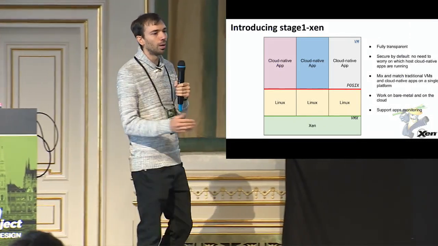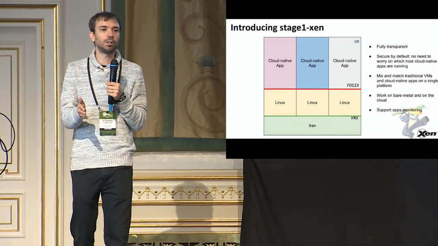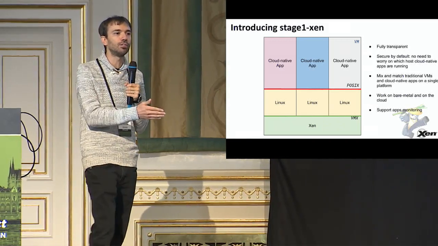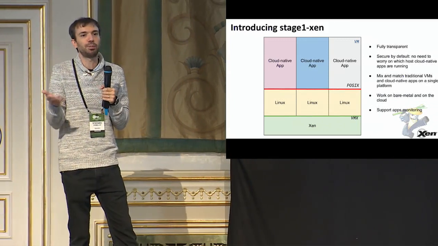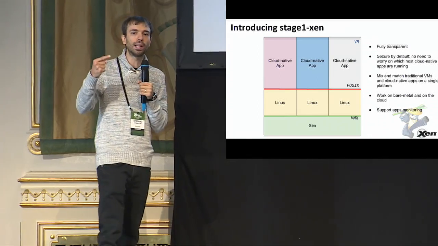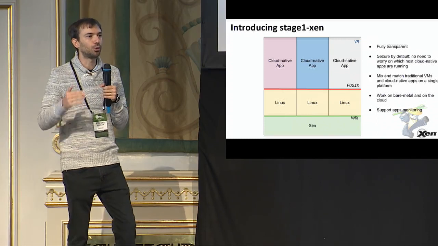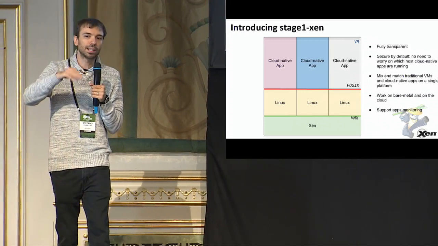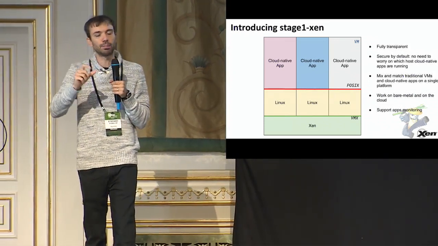It works seamlessly on the cloud or on bare metal, and you can mix and match cloud-native apps with legacy applications. So now you can have Windows XP on a VM running alongside your cloud-native apps, and you still have only one level of resource allocation to take care of, only VMs. You don't have to take care of two levels of resource allocation, VMs and cloud-native apps, and keep track of the dependencies between them.